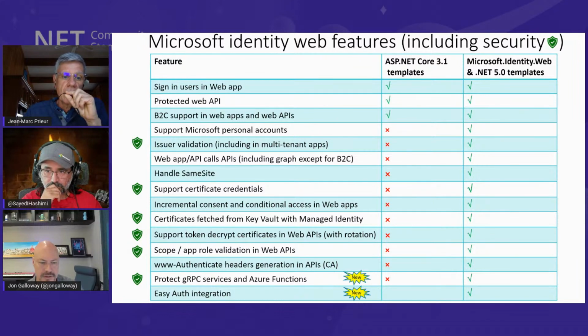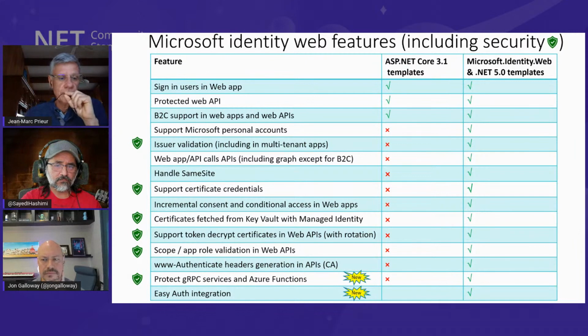Then the web apps and the web API can call APIs. I'll show that. You support certificates because you probably know that when a web app or a web API calls another API, it's not enough to say I'm this application.